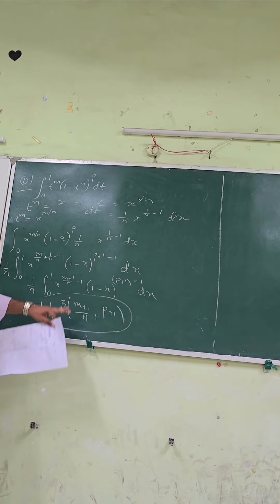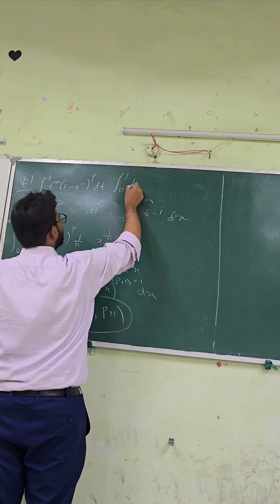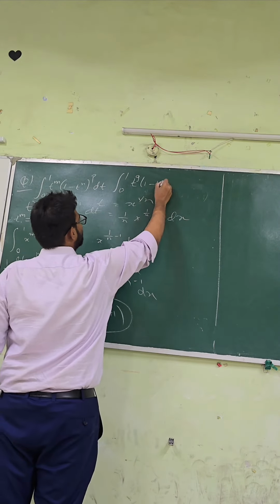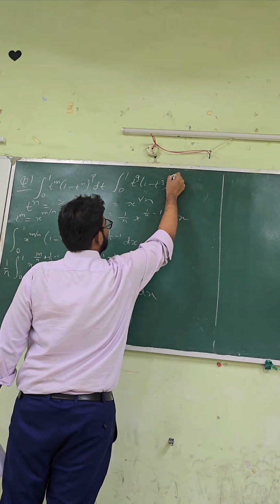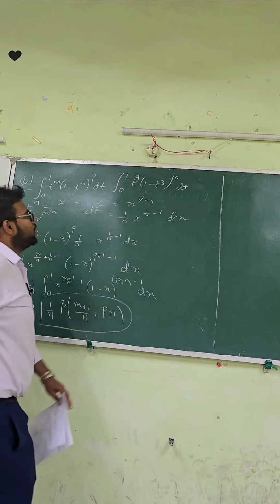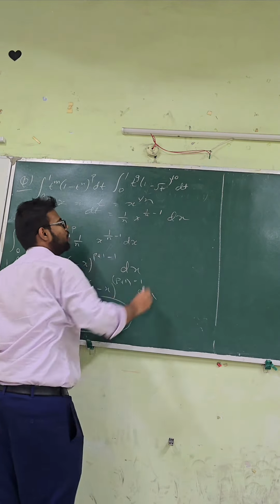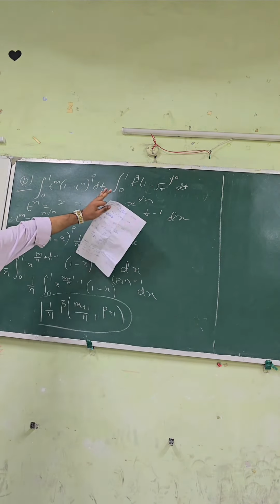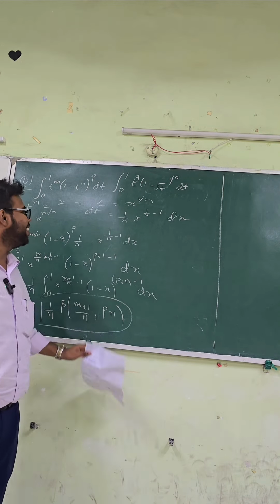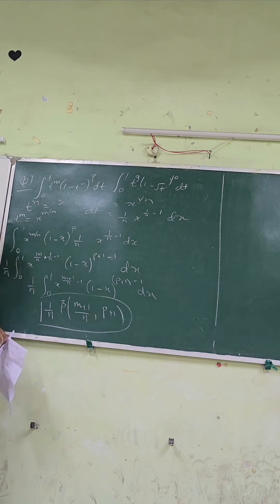You should remember this result and even the proof, because they may ask a question like integral 0 to 1 of t to the power 9 into (1 minus t cubed) to the power 10 dt, or they might ask with a root, or change the values of m, n and p, permute or combine them, and give you such questions. That is why I discussed it again.